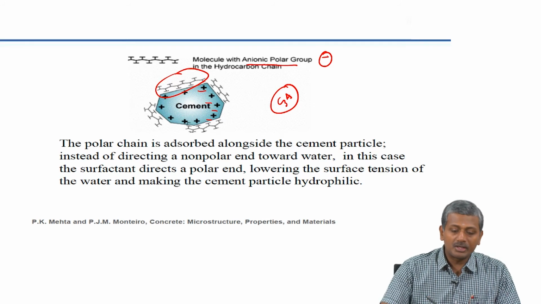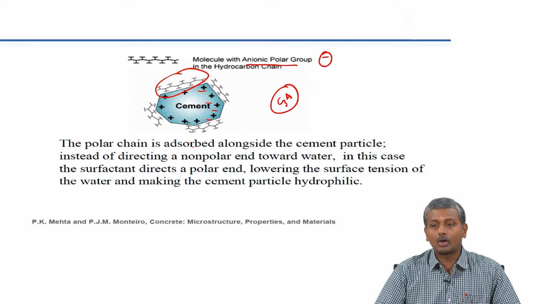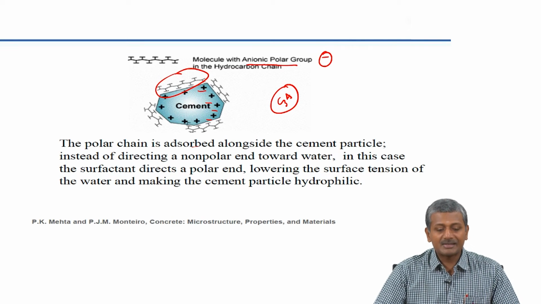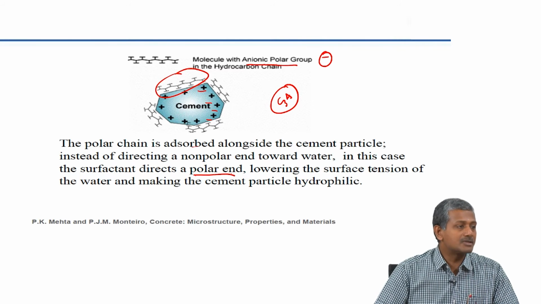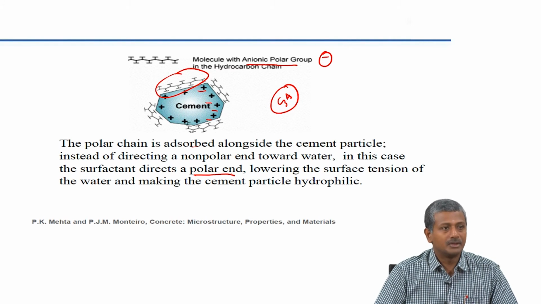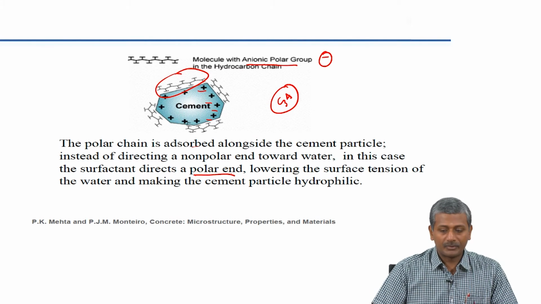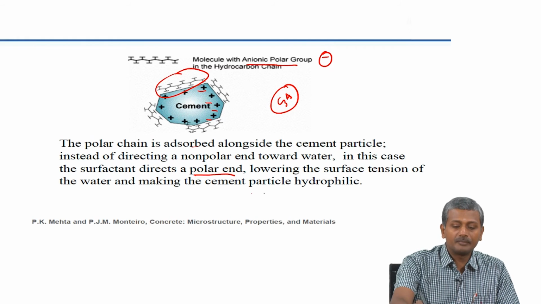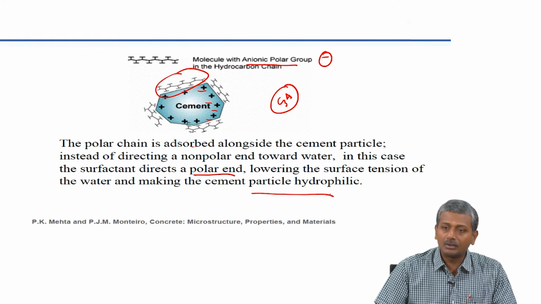Okay. So essentially the polar chain is adsorbed alongside the cement particle. Instead of directing non-polar end towards water, in this case the surfactant directs a polar end. So these are all surfactant chemicals which are directing the polar end towards water, reduces surface tension. Okay. That means the water becomes more easily flowable, okay, and the cement particles become hydrophilic as a result of this polar chain getting oriented towards water.